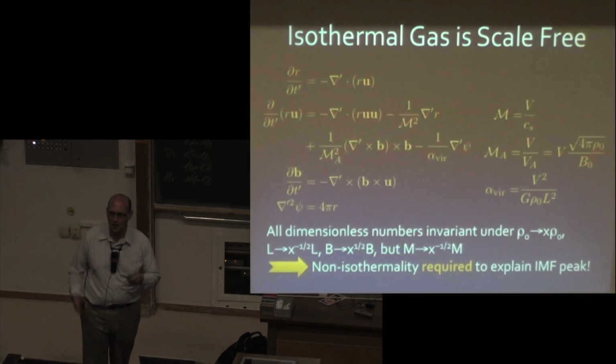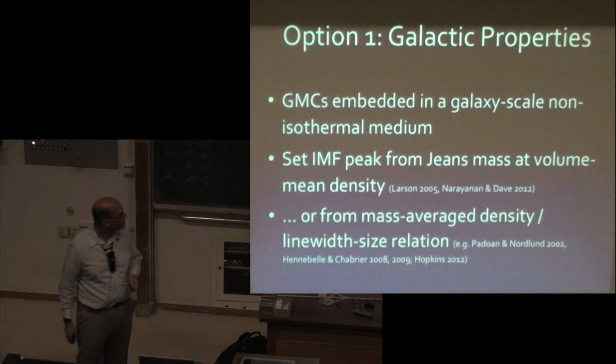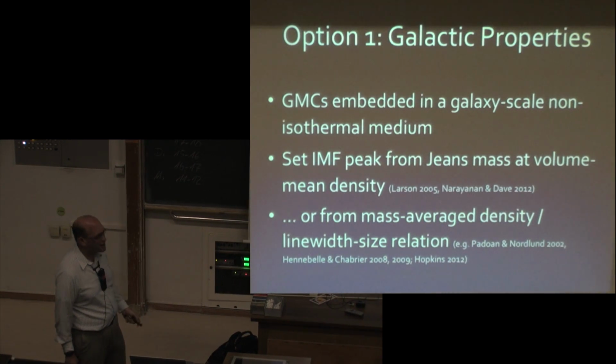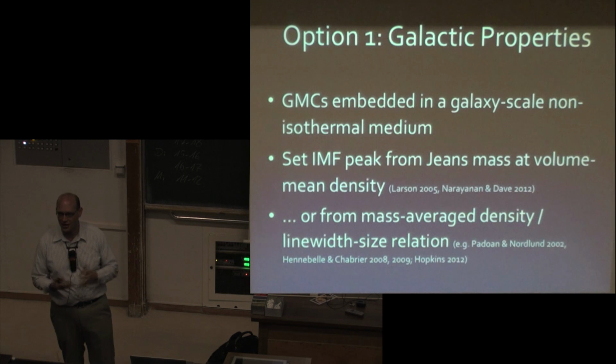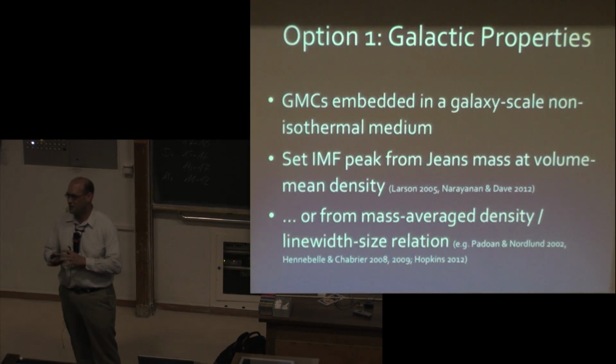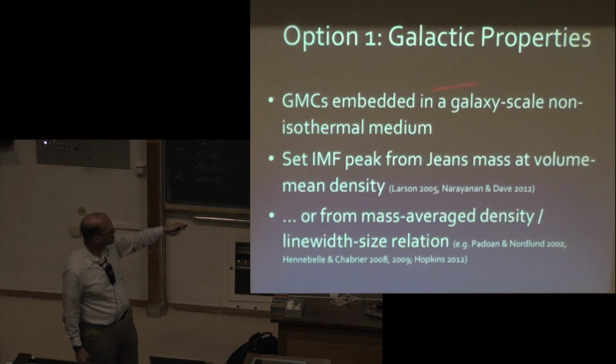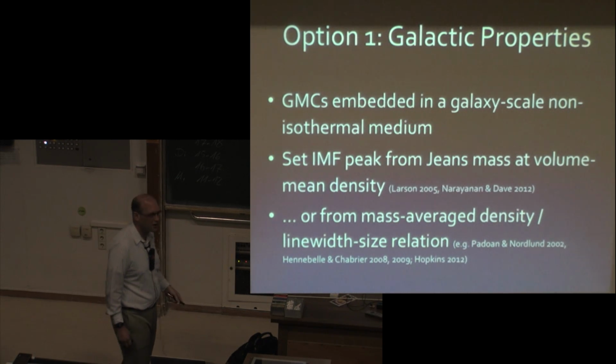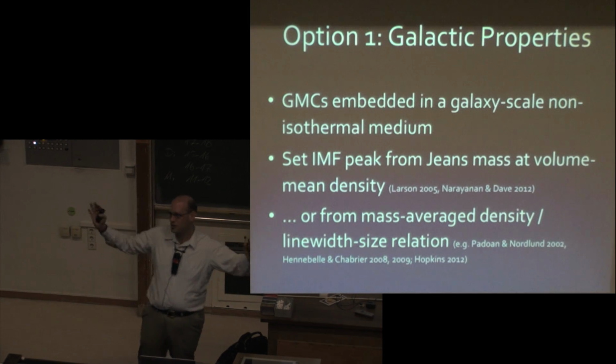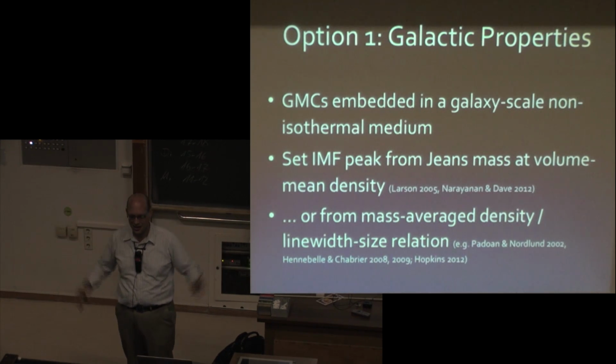So how do I give up the isothermal assumption? Well, one option is I could appeal to the fact that the molecular gas in the galaxy is embedded in this very large structure that is not isothermal. So I've got some galaxy-scale non-isothermal medium. And then I say, well, molecular clouds have an outer scale where the isothermality breaks and everything is set there.